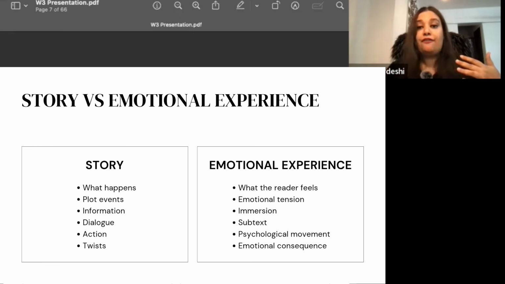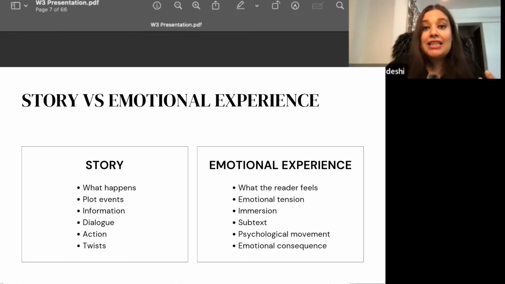We have plot events, but their emotional experience is basically the emotional tension. We have information, but its emotional experience is going to be immersion. We have dialogue, but the emotional experience is going to be the subtext of that dialogue. Then we have action, but it is the psychological movement that creates the emotional experience.